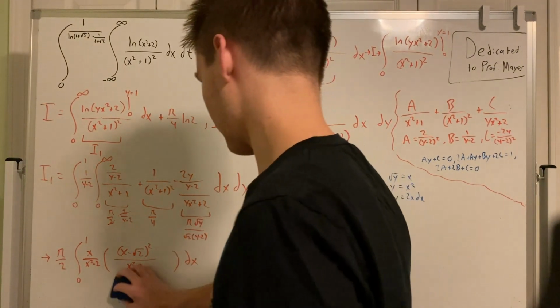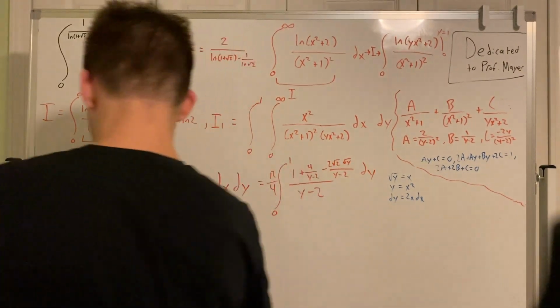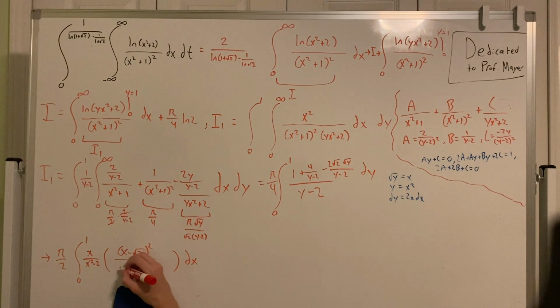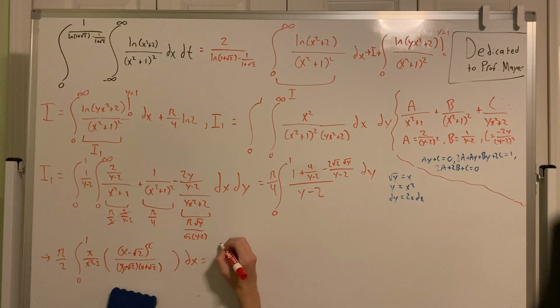And x minus root 2 is coincidentally one of the roots of the x squared minus 2 terms. We have x minus root 2, x plus root 2. So one of these goes away, and then this is going to equal pi by 2.